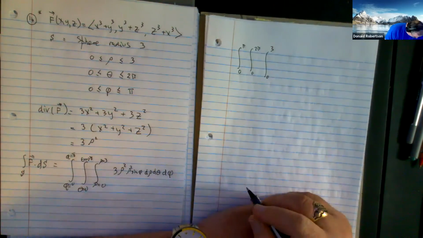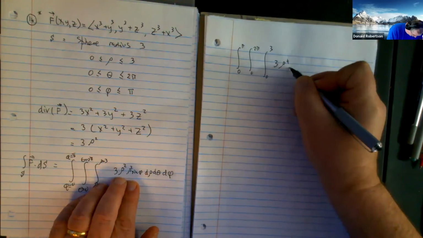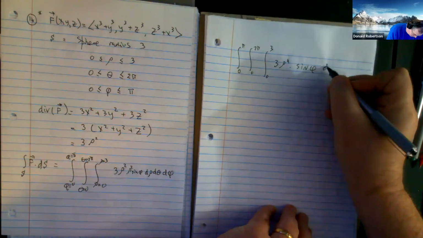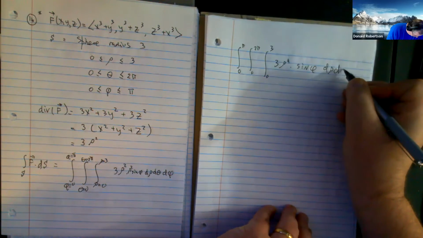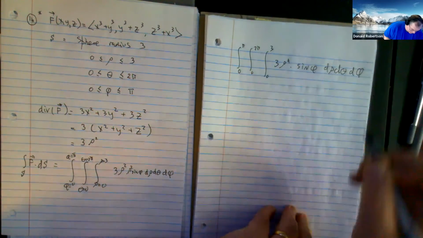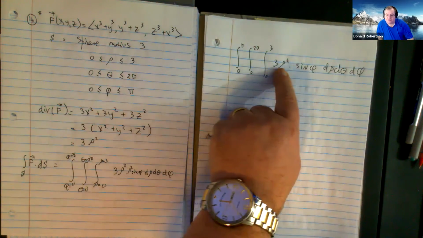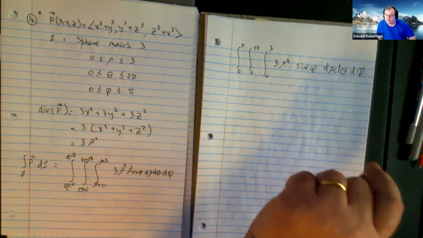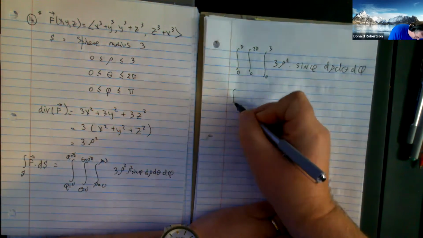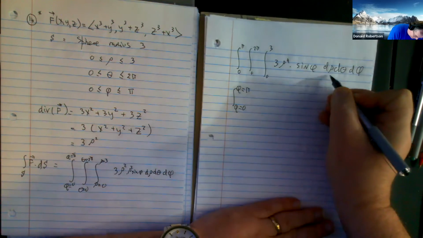We can kind of know who they are. This is going to be 3 rho to the 4, sine of phi, d rho, d theta, d phi. Since all of these are numbers and this here is a multiplication, can't we do separation, right? Variable separable. So the phi, which is from 0 to pi, gets that guy.